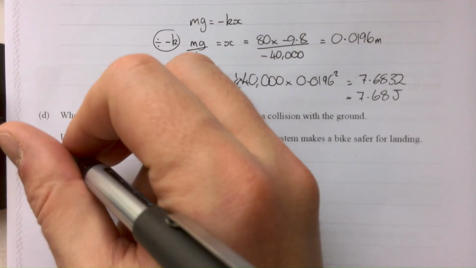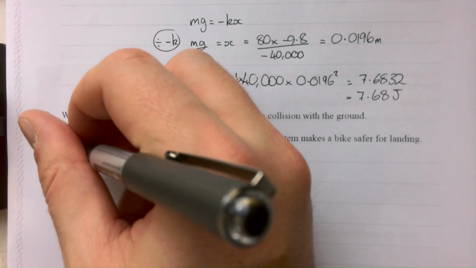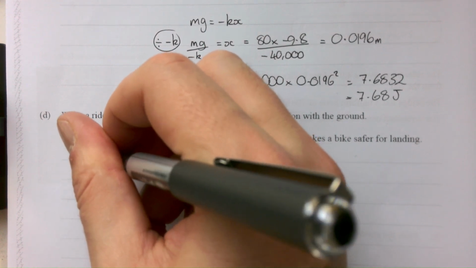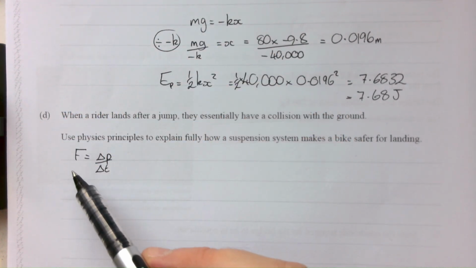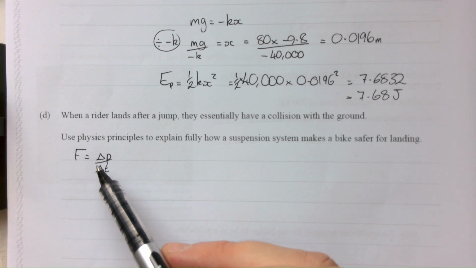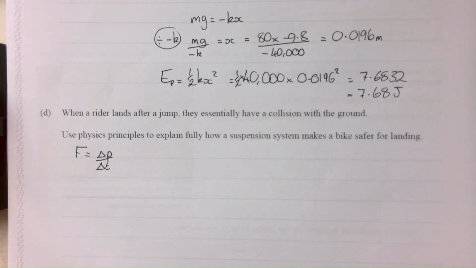From our equation sheet, we have the impulse equation that F is equal to delta P divided by delta time. So the force experienced by something is equal to its change in momentum divided by the time elapsed for that collision to take place, essentially, the change in time. So these are the physics principles that we are going to refer to.